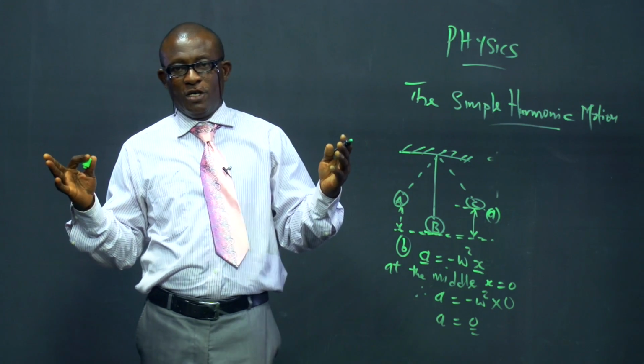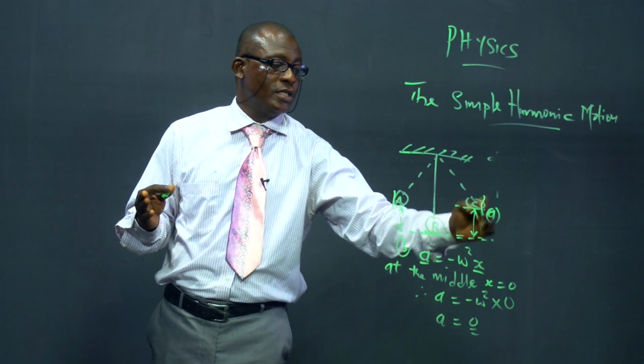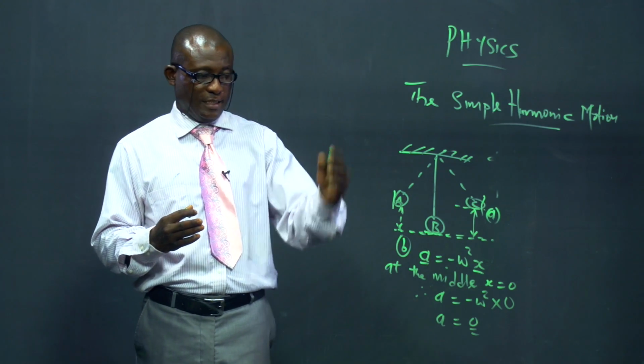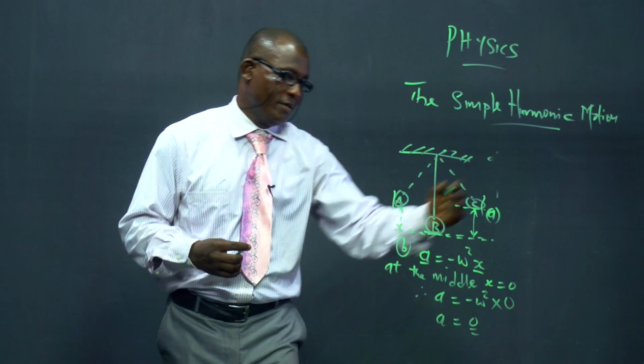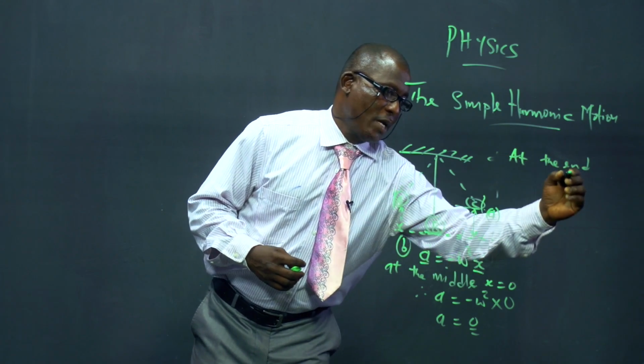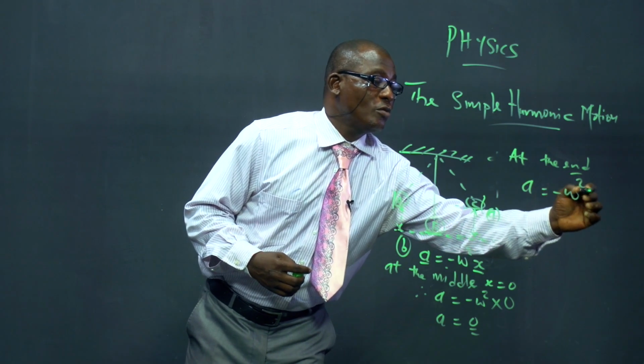Now, at the end of the oscillation, that is at point A or point C, let's take point A as our guide. At the end, still a equals minus omega squared x.